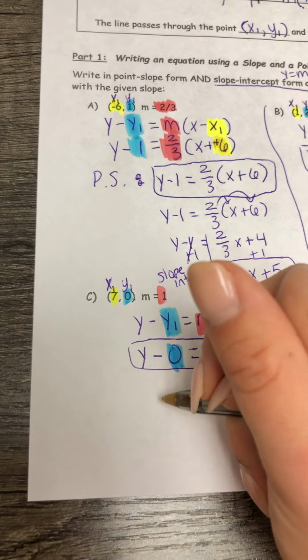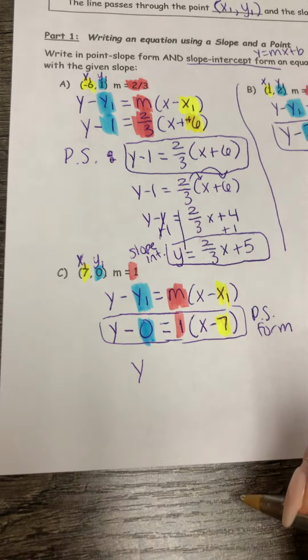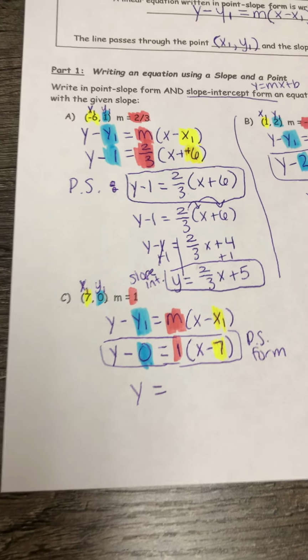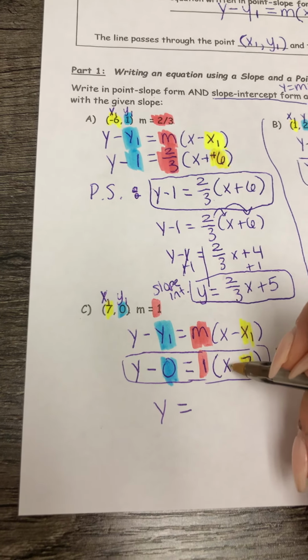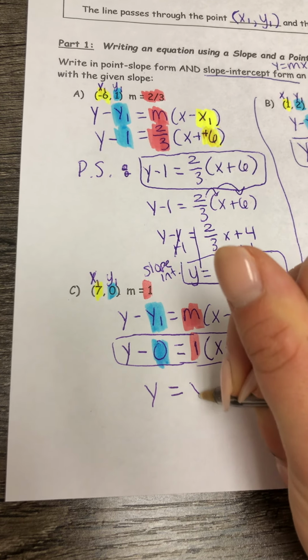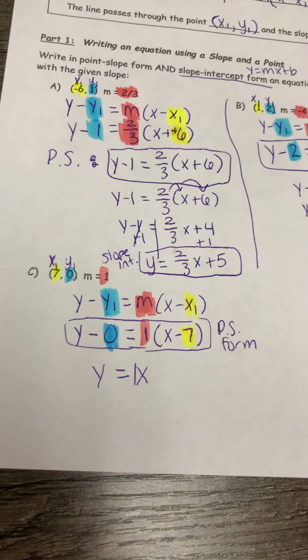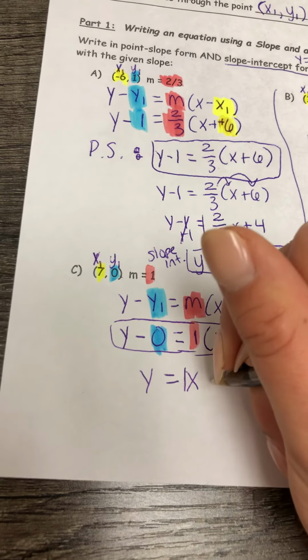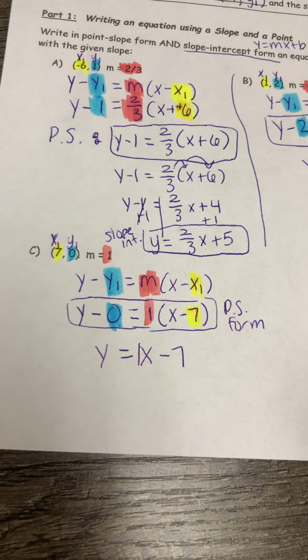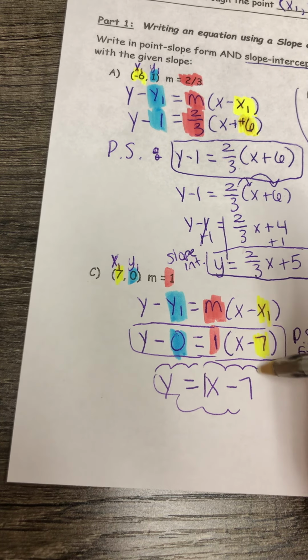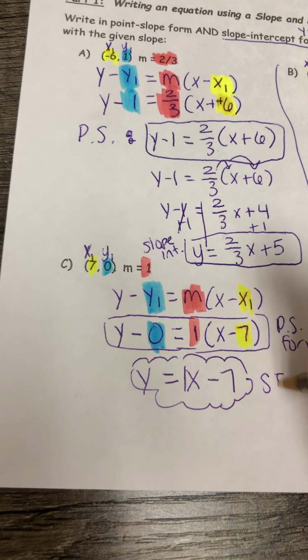Now, y minus 0 is just y, so I can completely simplify that side right away. 1 times x is 1x or just x. You can put a 1 in front if you want; you do not have to. And then 1 times -7 is -7. So then this right here is slope intercept form.